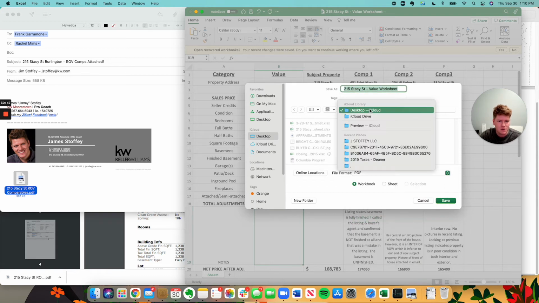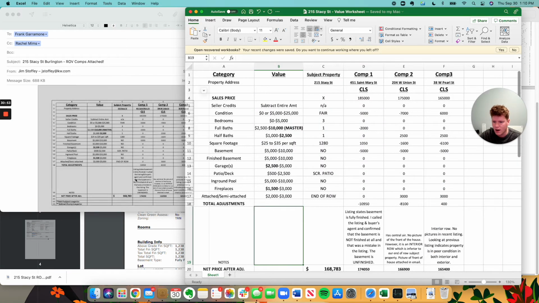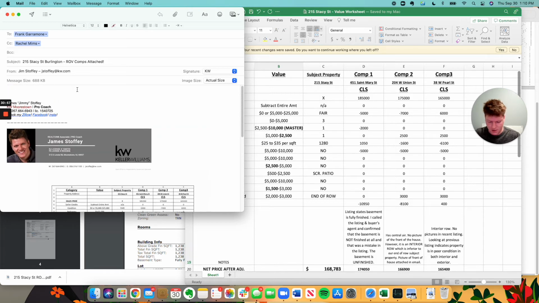So I'm going to save this to my downloads. Does it look good? It does look good. All right, so here's what I'm going to say. Here are the comparables we used.